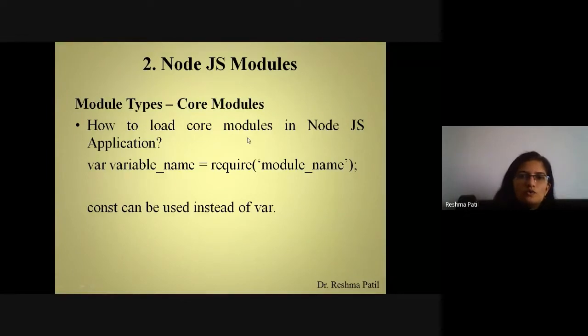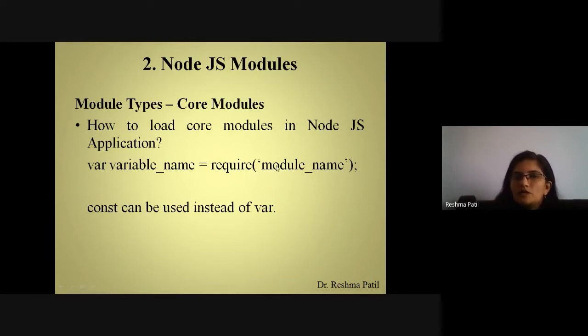Now, how to load core modules in a Node.js application? We have already seen one example yesterday, and today we will see other examples of how to load modules. This is the syntax to load a module: variable name is equal to require, which is the keyword, and in that we have to pass the module name or package name.